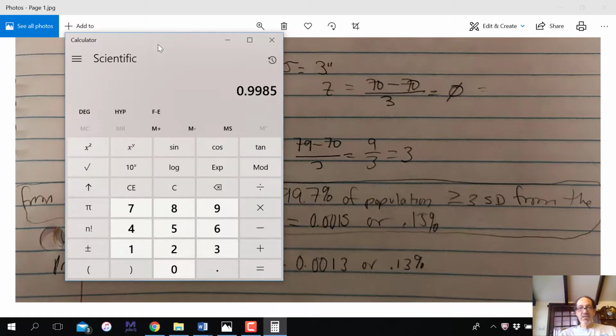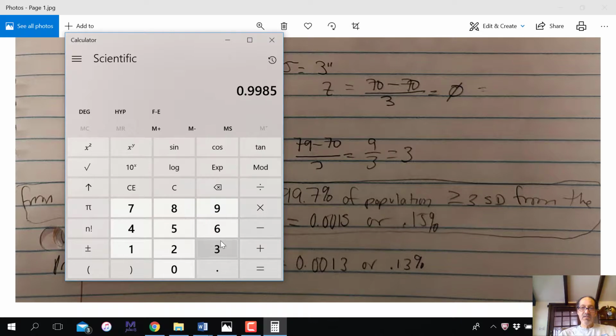Now, the last thing I want to know is what proportion of the population is at or above 3 standard deviations of the mean. Well, either you can be 6'7" or above, or below 6'7", right? So they're complementary. To find the proportion above this, I have to subtract it from 1.